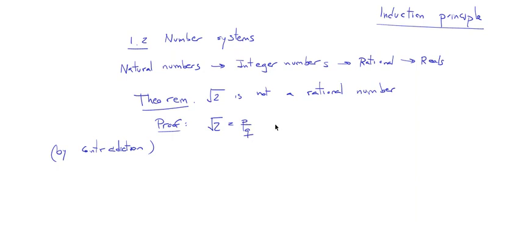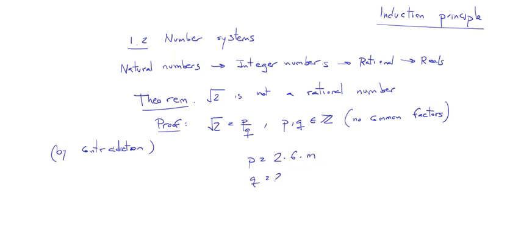So √2 = p/q, where p and q are integers. And we assume furthermore that they have no common factors. This is easy to assume because suppose p is 2 times 6 times a number m, and q is 2 times 6 times a number n.